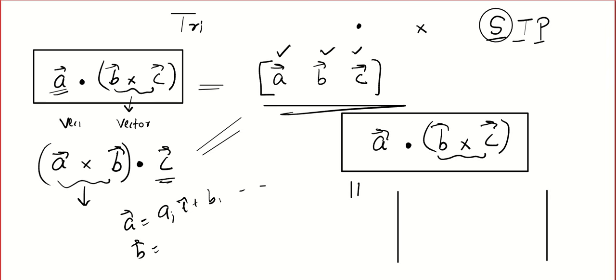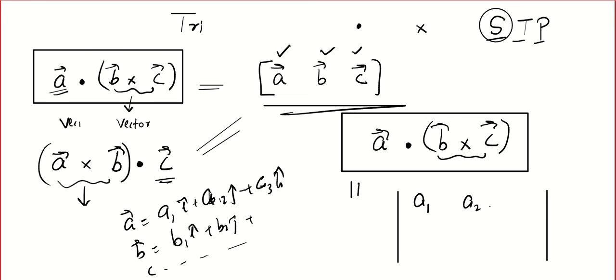So let's say A is given by A1i plus A2j plus A3k, B is given by B1i plus B2j plus B3k, and C is given by C1i plus C2j plus C3k, same thing. Then the scalar triple product will be the determinant with rows A1, A2, A3; B1, B2, B3; C1, C2, C3. In other words, all the properties of determinants are also properties of STP.